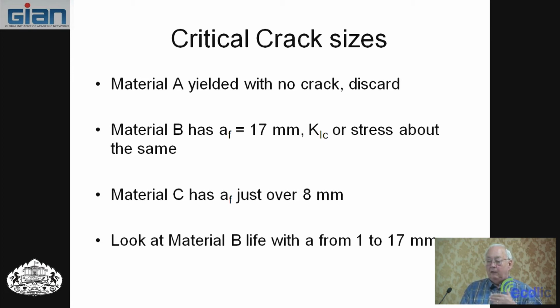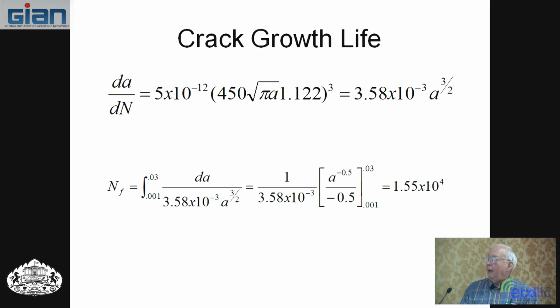I just say let's start with the initial crack 1 millimeter and see how life plays out with the 1 millimeter crack due to this big overload in the hurricane. And then crack growth rate due to that high stress cycle turns out to be, then, life doing the integration about 1.55 times 10 to the 4 cycles.